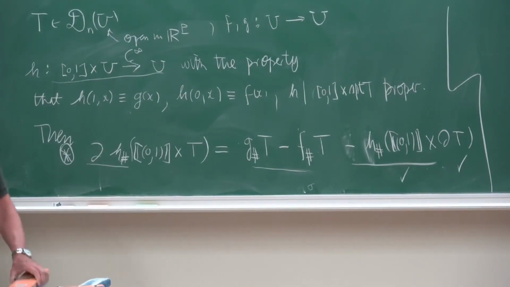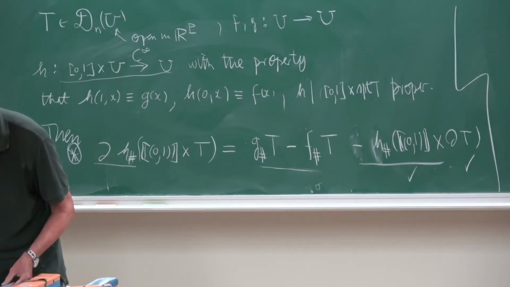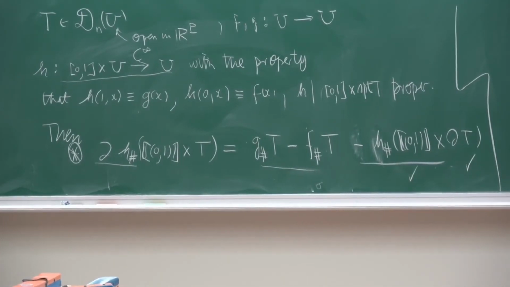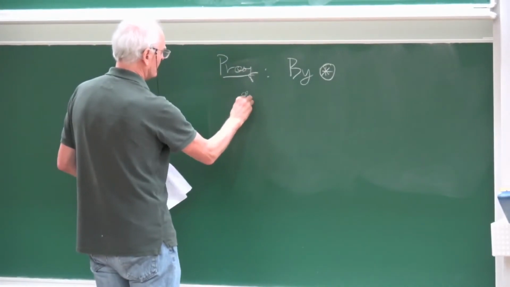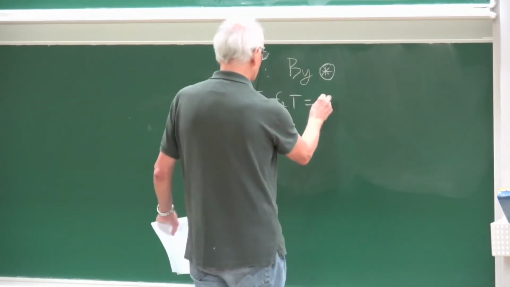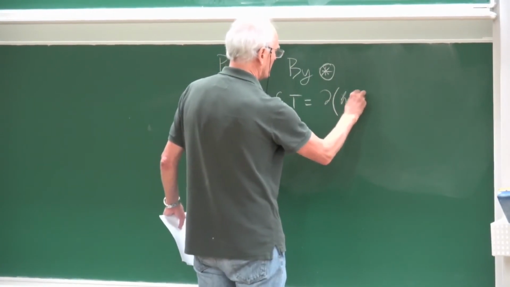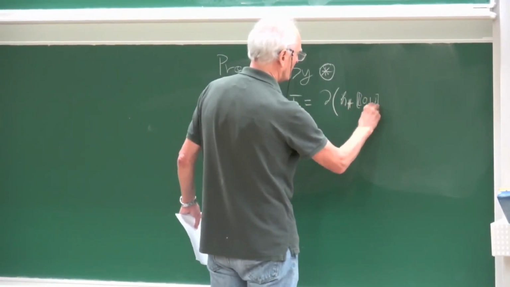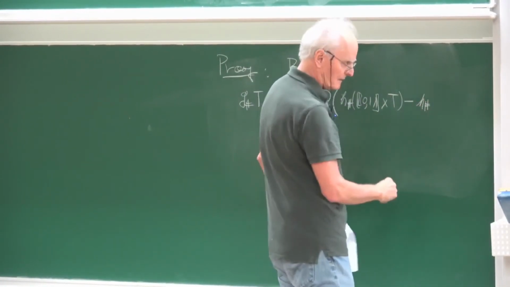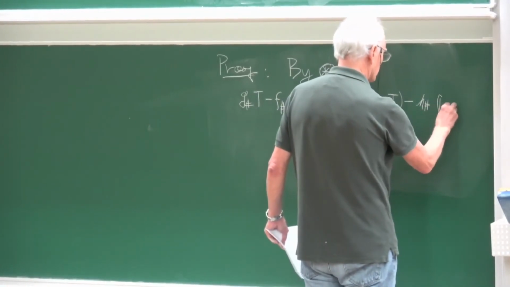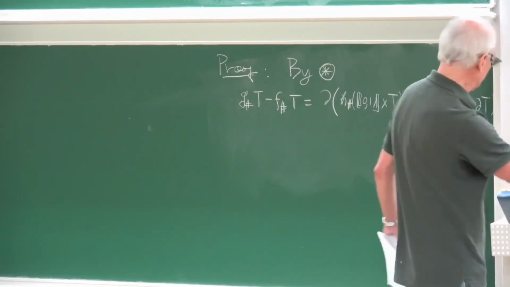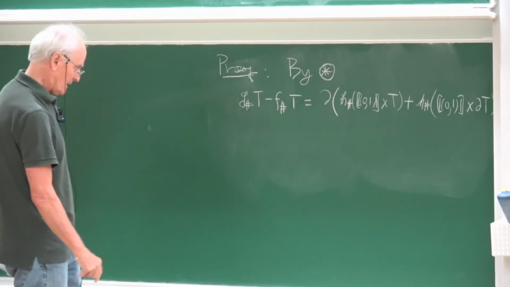So by star, g sharp T minus f sharp T is equal to the boundary of H sharp of [0,1] cross T, minus H sharp of [0,1] cross boundary of T. The plus, because I put that onto the other side, so it becomes plus. So that's a plus sign. So we have that.